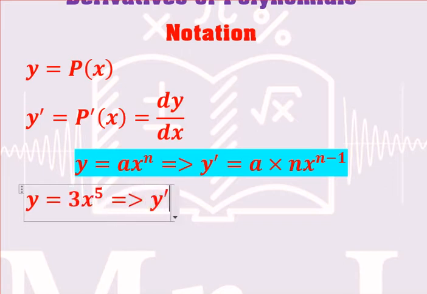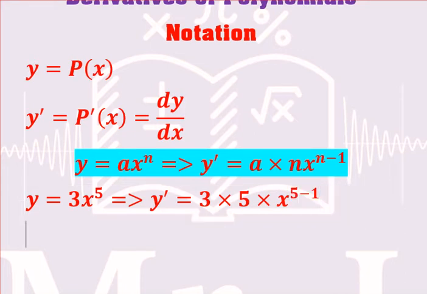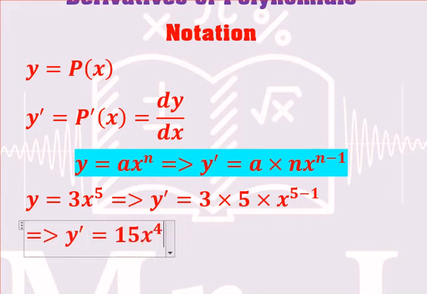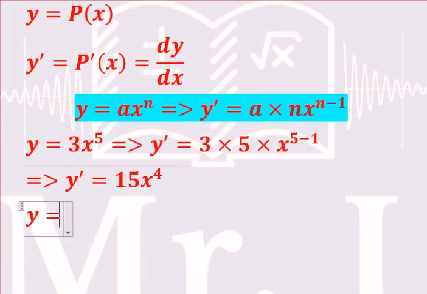Y prime will be 3, because it's the constant, multiplied by the power which is 5, multiplied by x power 5 minus 1, meaning you decrease the power by 1. So y prime is simply equal to 15x power 4.